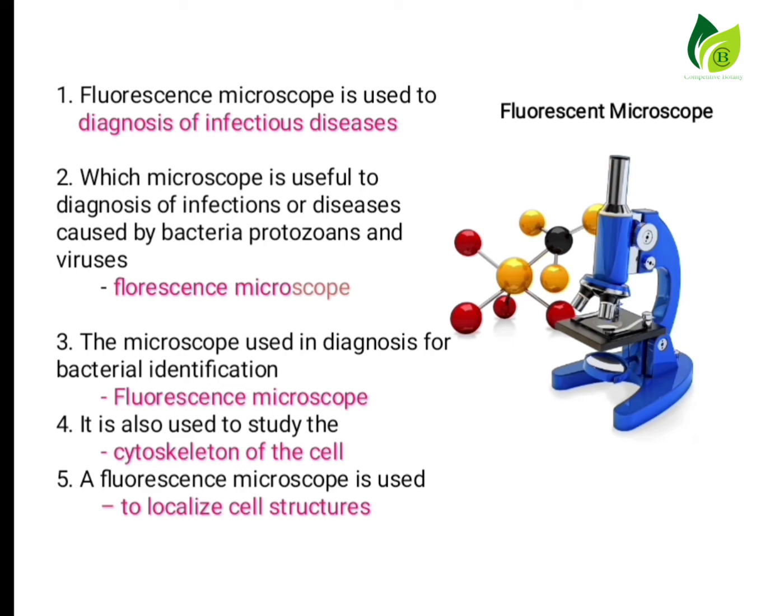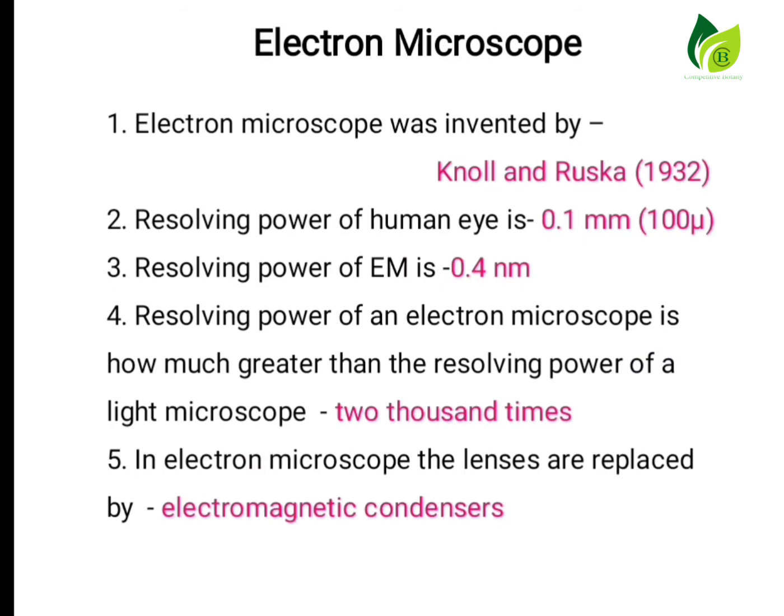Next we are going to deal with the electron microscope. The electron microscope utilizes the short wavelength of an electron beam. As the wavelength of the electron is very short, the magnification is very high.